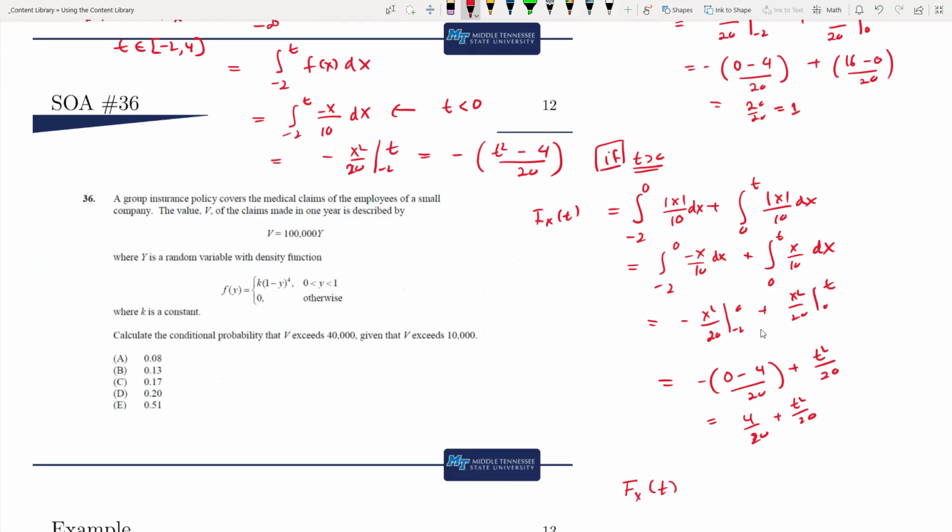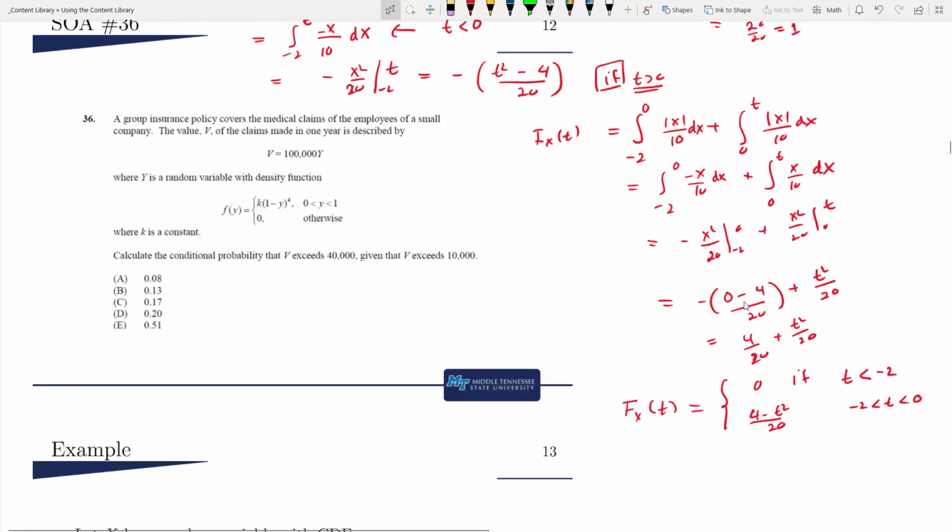F_X(t) would be 0 if t is less than -2. In between, it would be, actually it should be 4 minus t square, because I have the negative sign in front. So this would be 4 minus t square over 20.